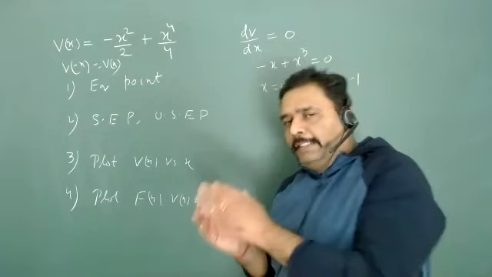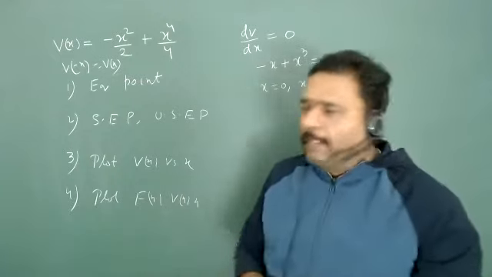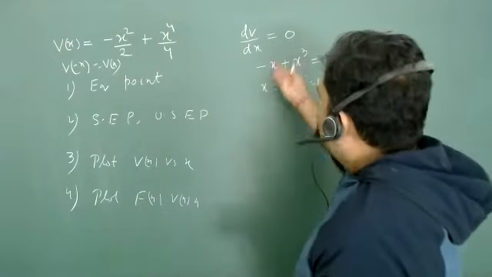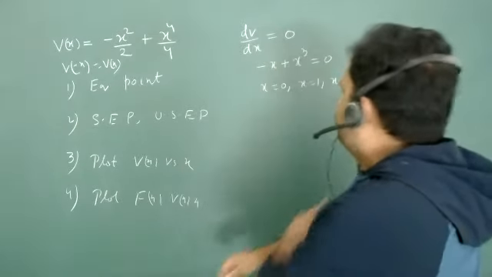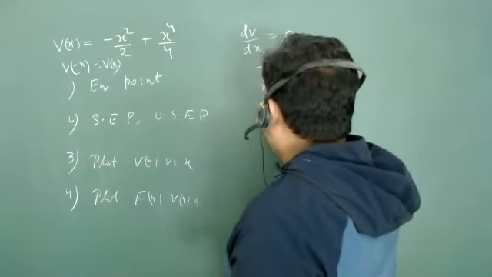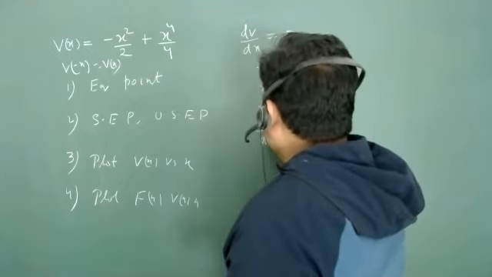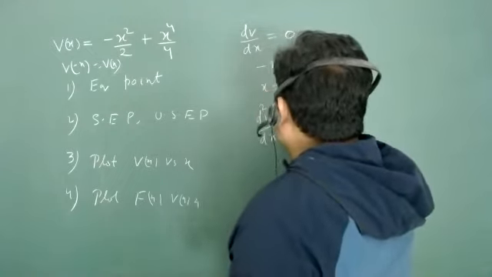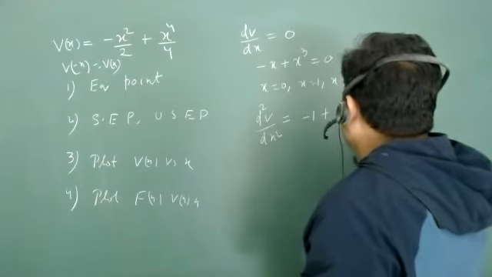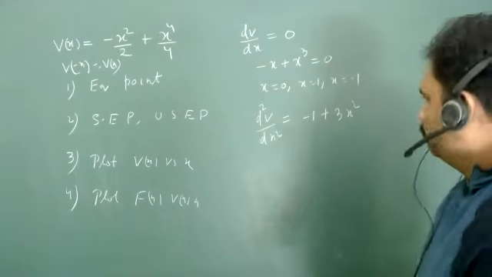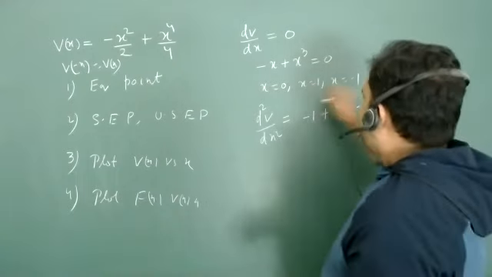But which one is stable and which one is unstable, we can talk about when we go for the next level of derivation. So when we go for the next derivative, d square V by dx square, this value is minus 1 plus 3x square. Now, let us check each and every point.